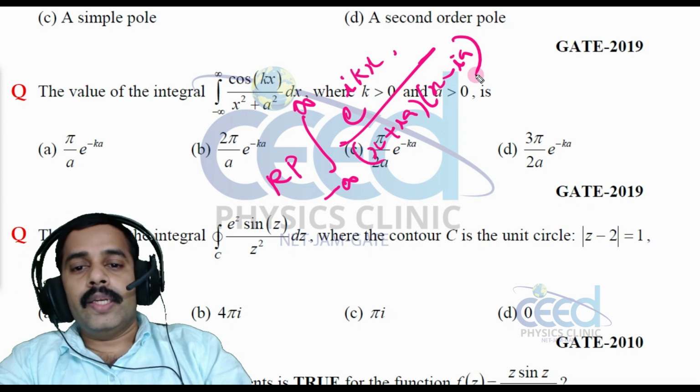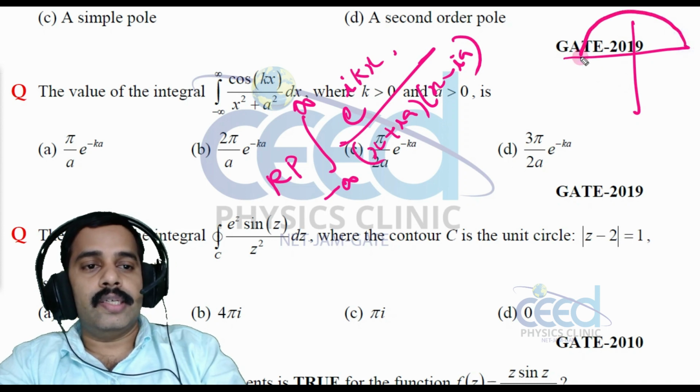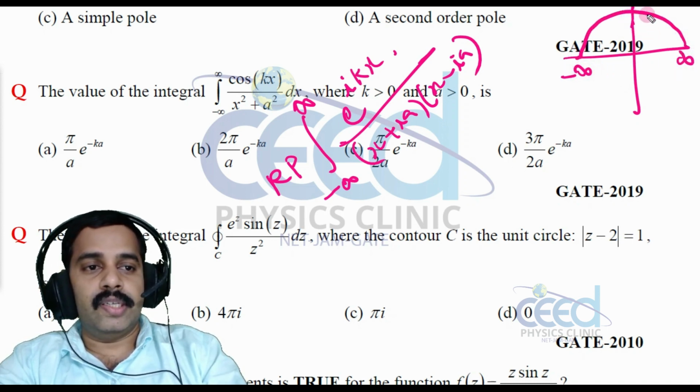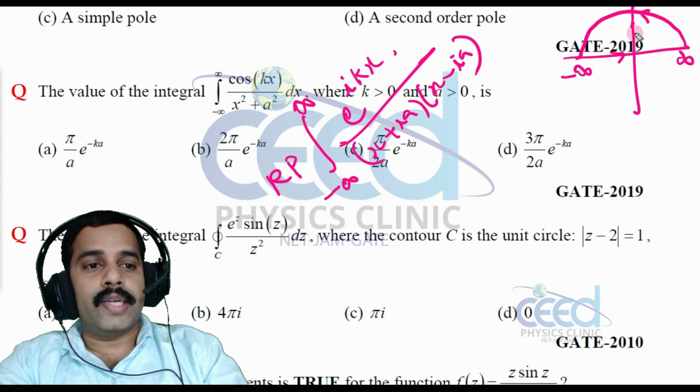Now for the integral from minus infinity to infinity, if I consider a contour like this, we have discussed this in theory. I recommend watching those theory videos. So if I consider a contour like this, then x is equal to ia is inside this contour, and x is equal to minus ia is outside this contour.